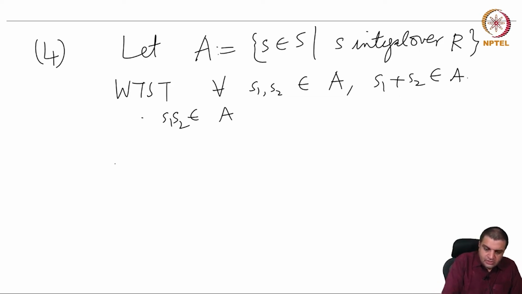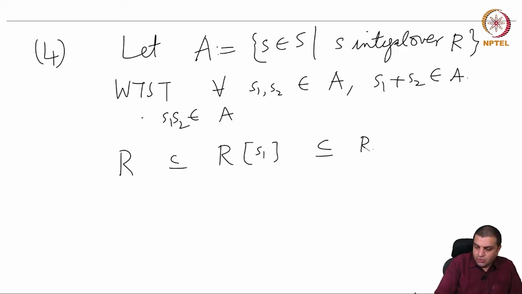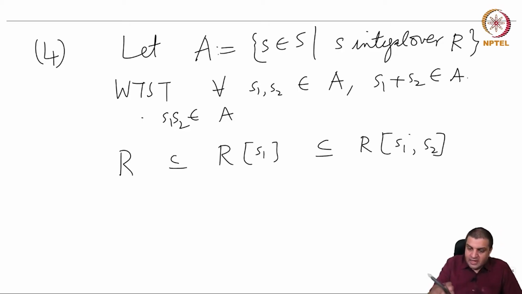So now let's look at these extensions. We start with R, then we adjoin S1, and then we adjoin S2. S1 and S2 themselves are integral, so this is finite. This is also finite.